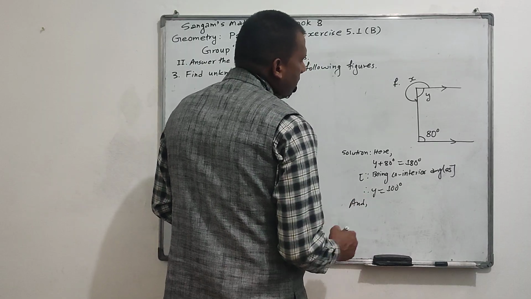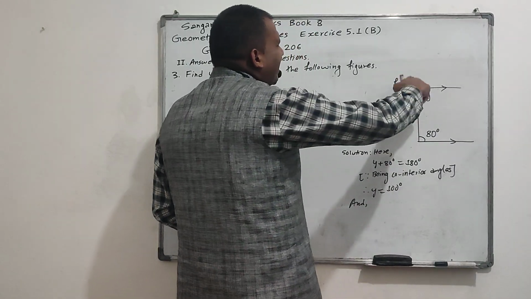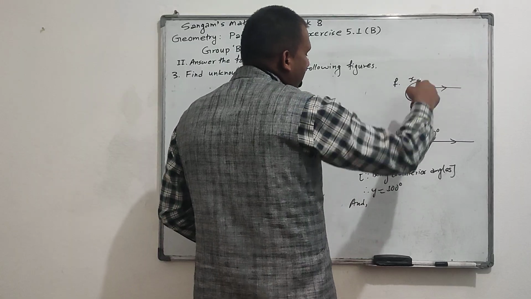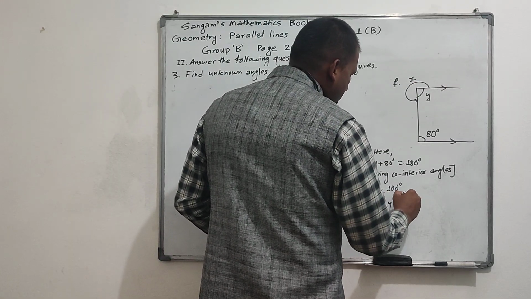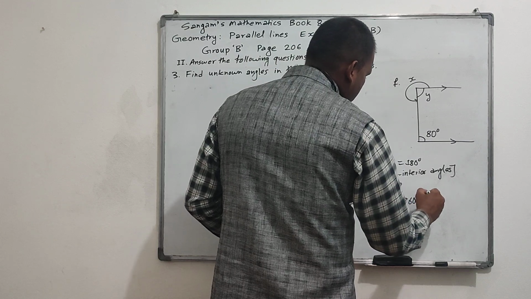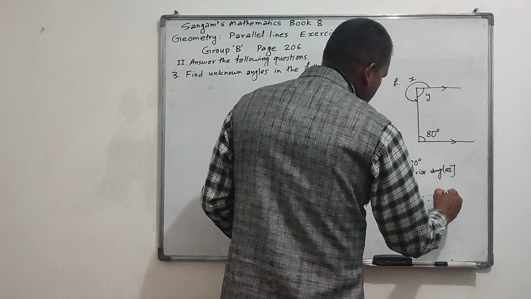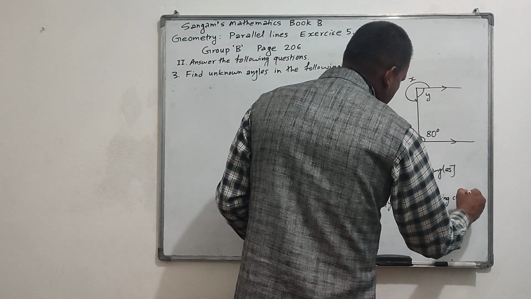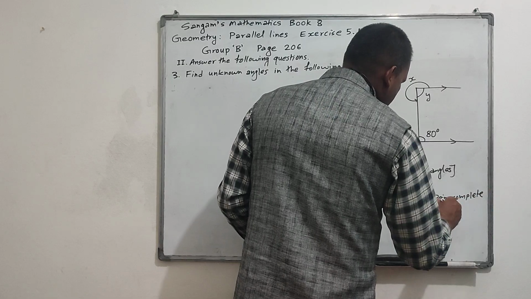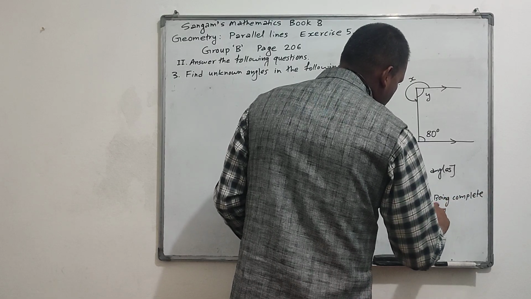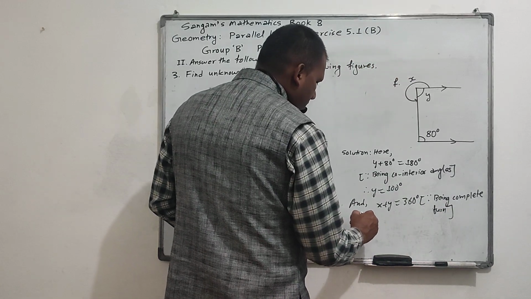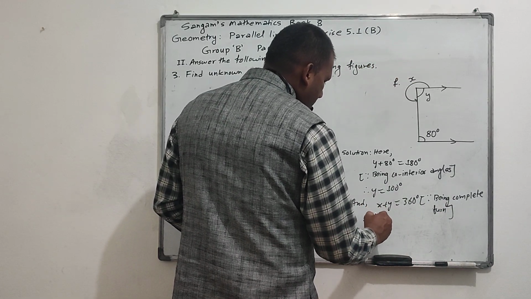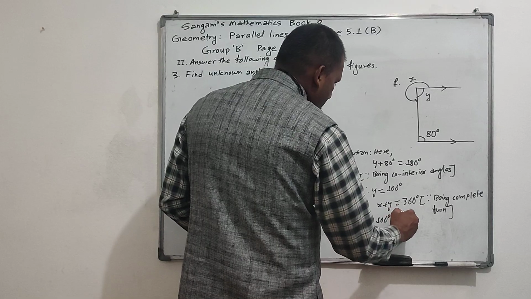and x and y make a complete turn or complete angle. So we can write x plus y equal to 360 degree, being complete turn or complete angle, or x plus value of y 100 degree equal to 360 degree.